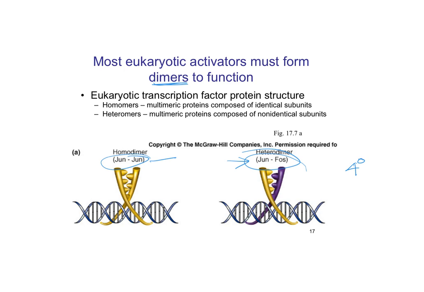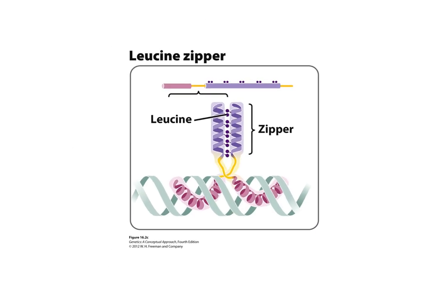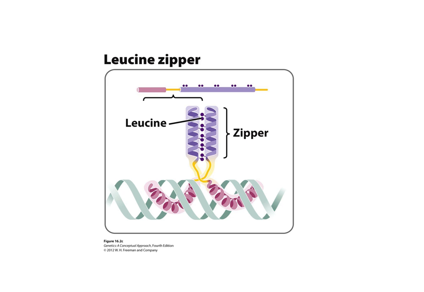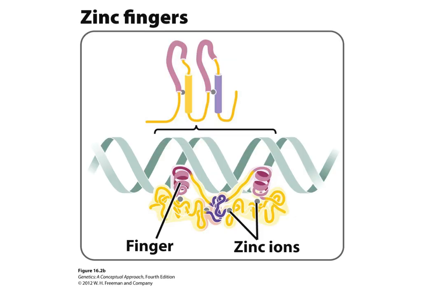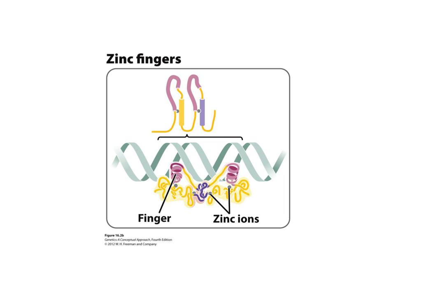Some other options: the leucine zipper. Why? Because there's a bunch of leucines. Again, this is a dimer, and it gets together to intercalate into DNA, so it can bind there. And here's a guy that's sticking off. Zinc fingers, same idea.